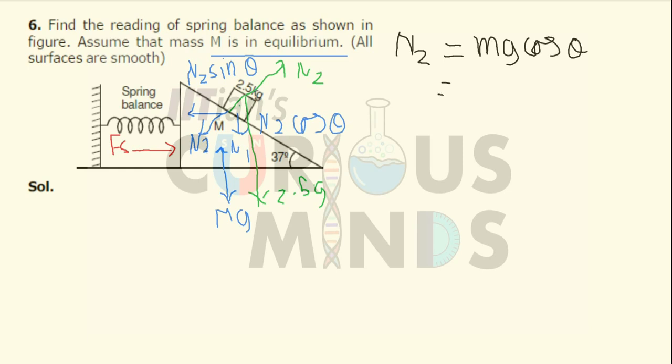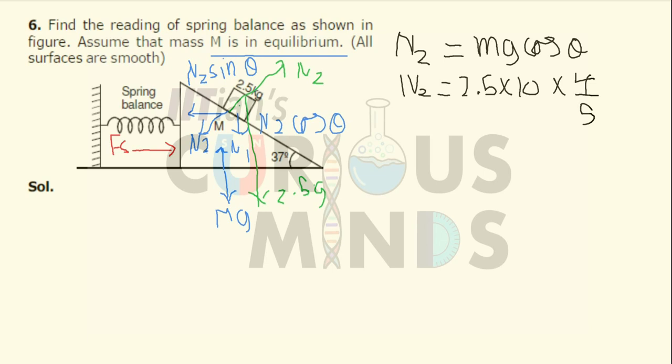M is 2.5 kg, g is 10, and theta is 37 degrees. So cos 37 will be equal to 4 by 5. Now this is the value of n2. What is the force acting on this block in the left hand side direction?